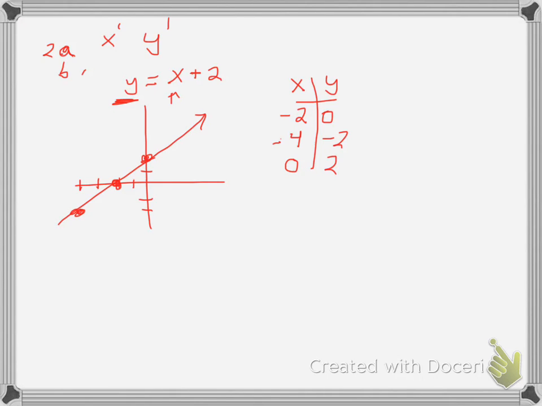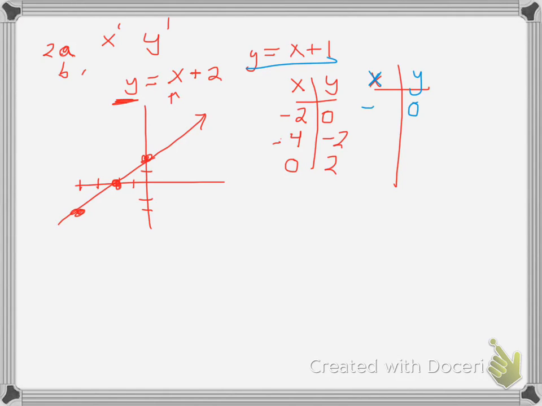Okay. Now, if I instead had y equal x plus 1, what would that look like? I'm going to go ahead and make another color here. Well, when would y equal 0?